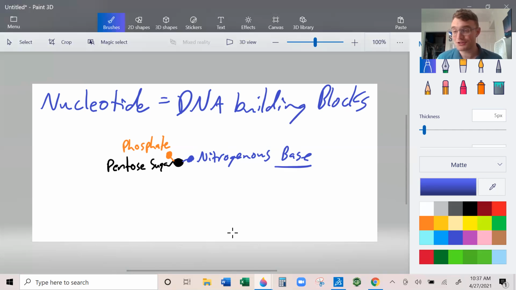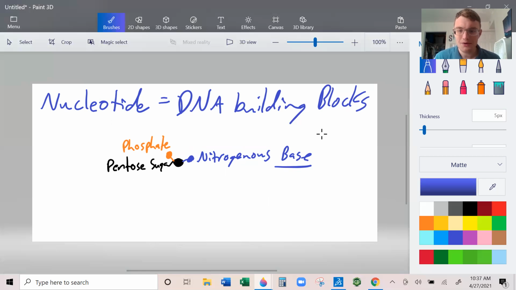We call it that because it has lots of nitrogen in it, and that's the only place in an entire DNA nucleotide that you see nitrogen. You don't need to know that, but that's where the name comes from. Oftentimes we'll just refer to them as bases as well, so be prepared to see it either way. These three components stuck together like this make up a DNA nucleotide.